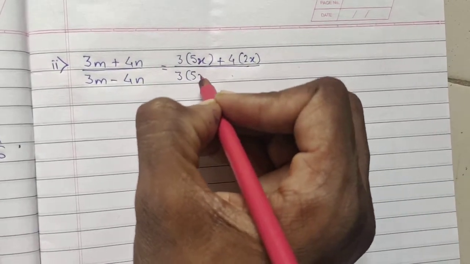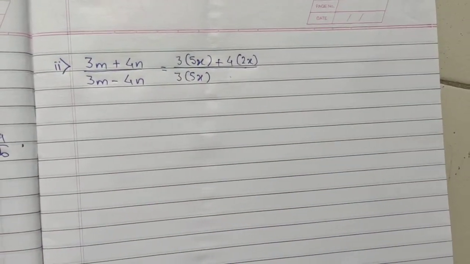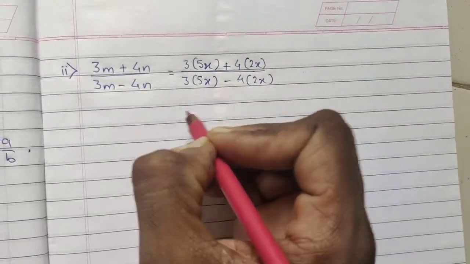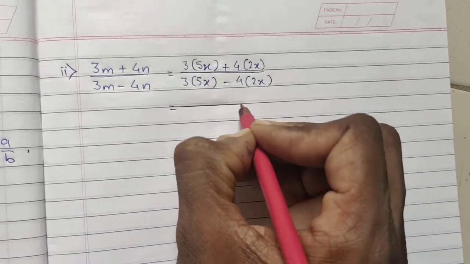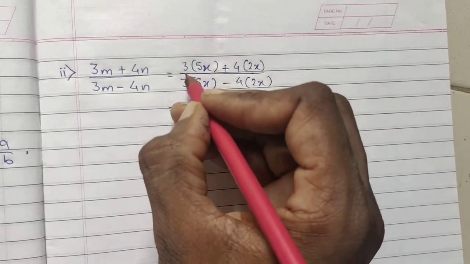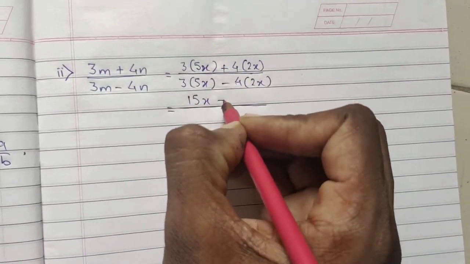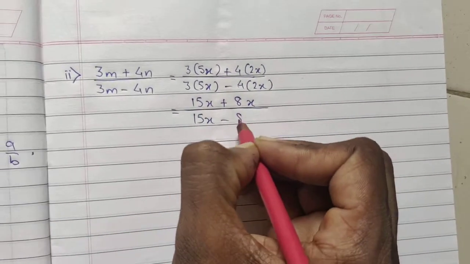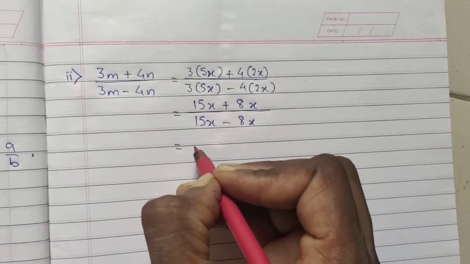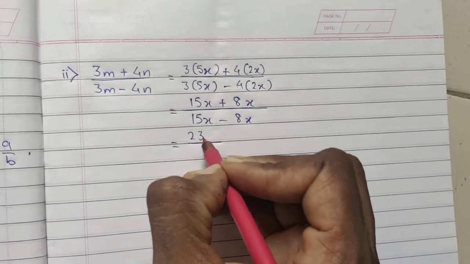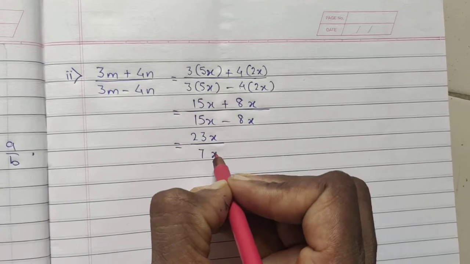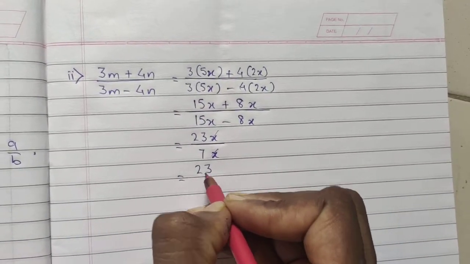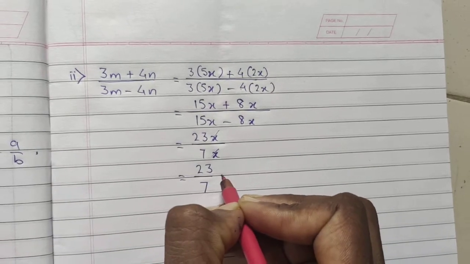Here also, 3 into 5x plus 4 into 2x, and 3 into 5x minus 4 into 2x. Now the next step is simplification. 3 fives are 15x plus 4 twos are 8x. Here also 15x minus 8x. If you add 15 plus 8, you get 23, and here 7x. So x gets cancelled, and you are left with 23 upon 7.